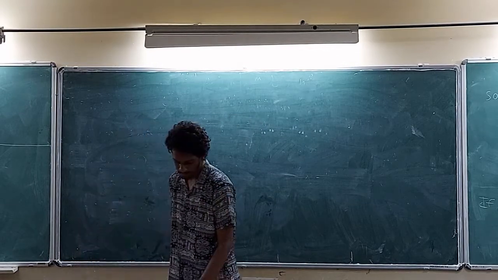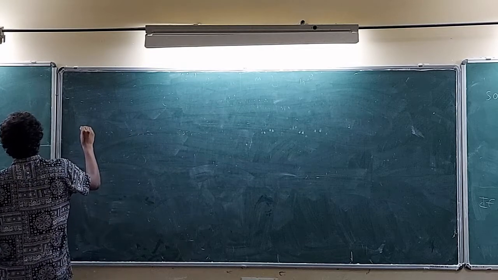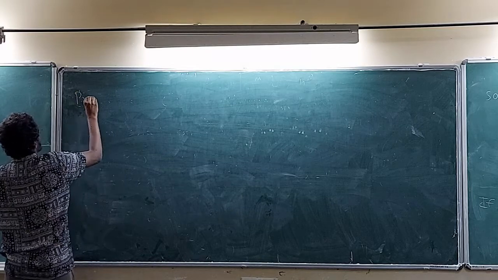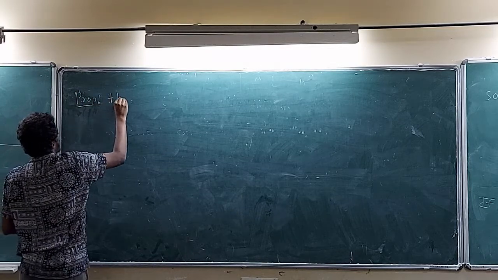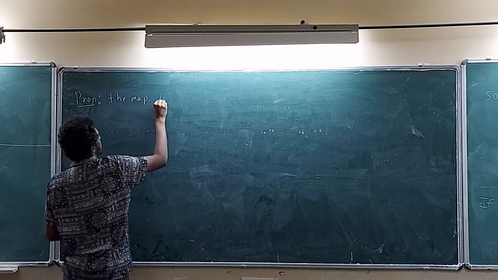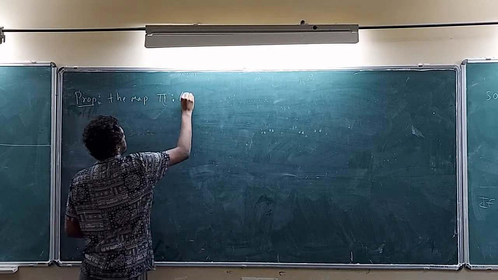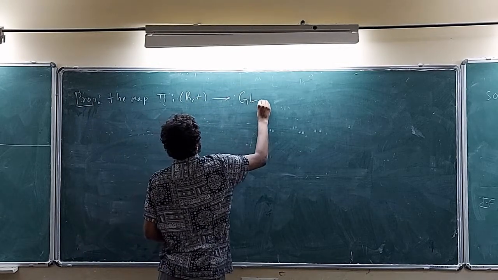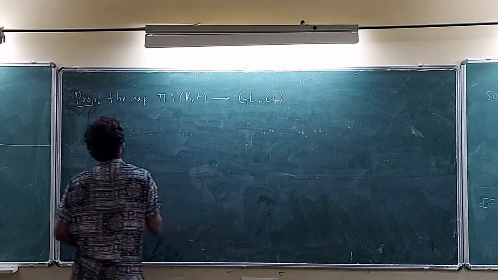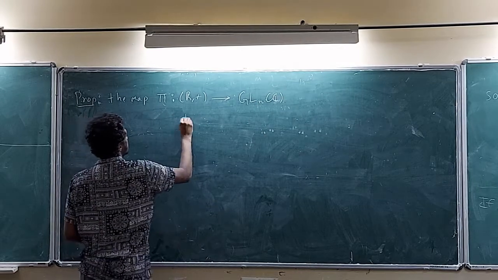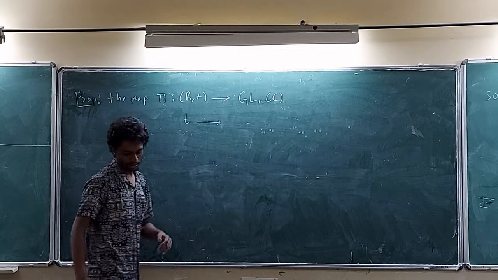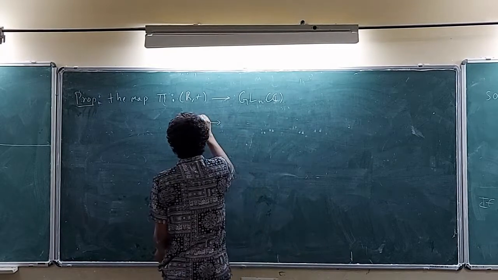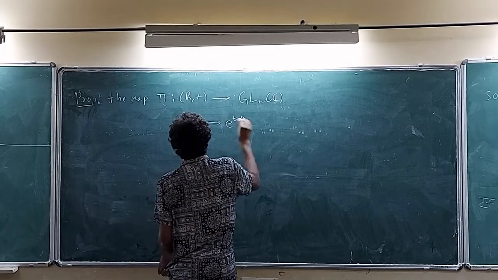So our first claim is that this map from R plus to GL_n(C), given by t going to e power tA, is a homomorphism.